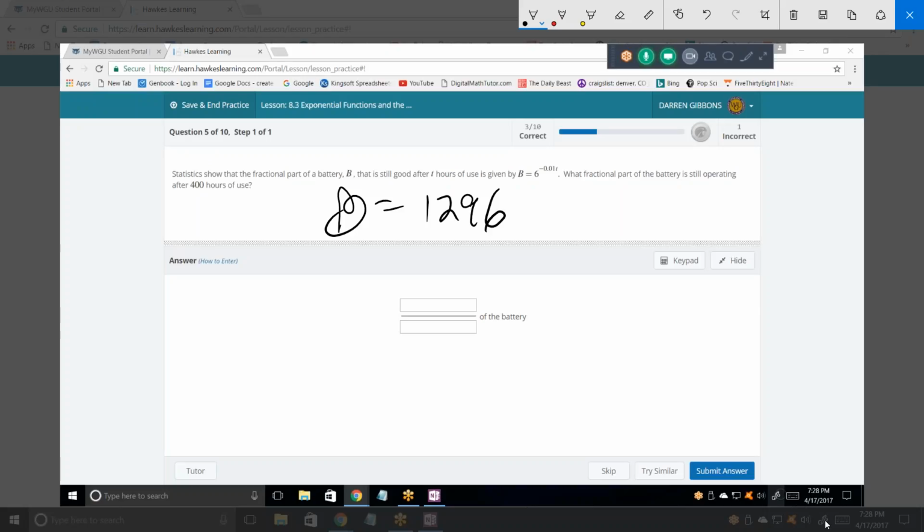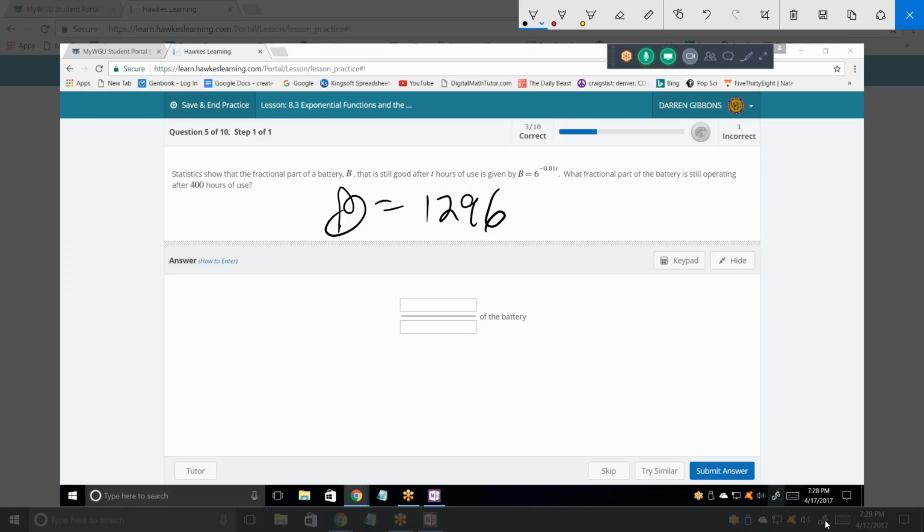B is the fractional part of a battery that's still good. Hold on a minute. Statistics show that the fractional part of a battery that is still good is given by B. Just figured out what B is.